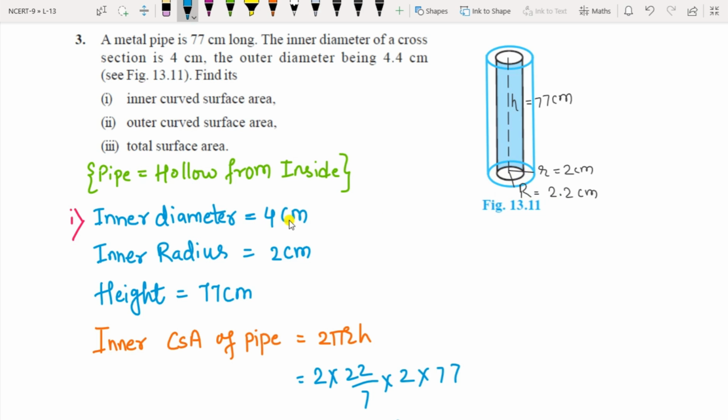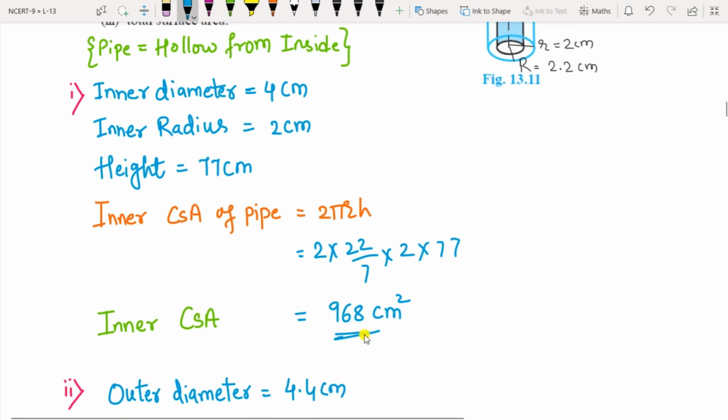So inner diameter is 4, so inner radius will be 2 and height is 77 centimeter. The pipe is hollow from inside. Now the inner curved surface area of the pipe is 2 pi r h. Substitute the values, taking the inner radius as 2 centimeter. So the inner curved surface area is 968 centimeter square.